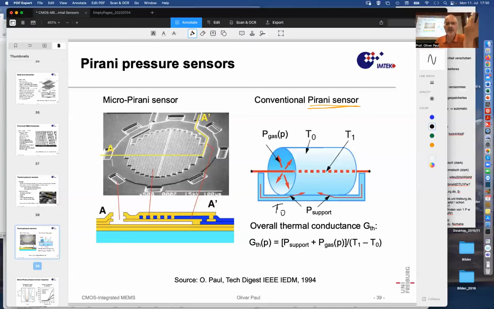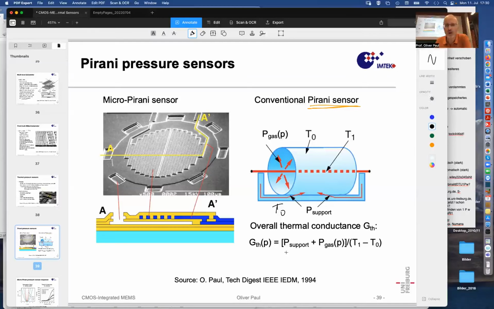And the heat that it dissipates will be invested in increasing its temperature. But then it will lose power by the conduction through the gas. So there are two channels for this wire to lose its energy, dissipated thermally in its material. One is by conduction through the gas, and the other is by conduction through the supports that have to hold it in place.